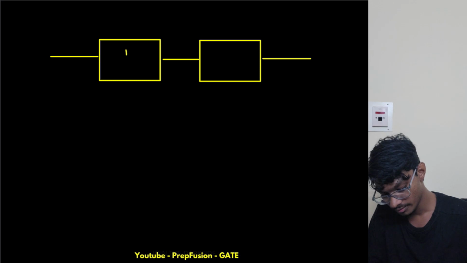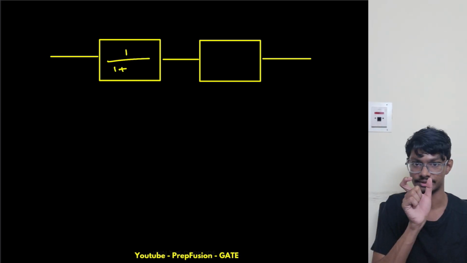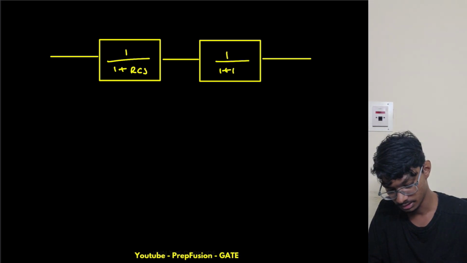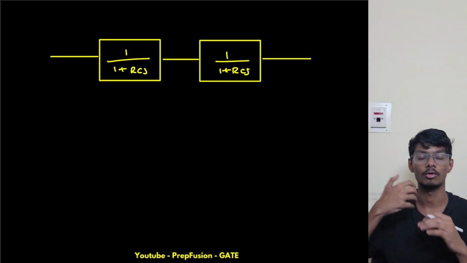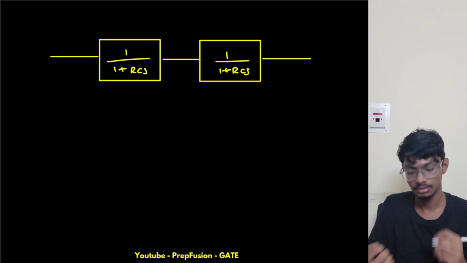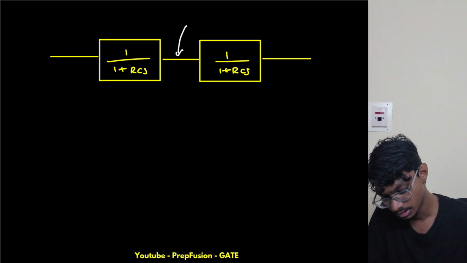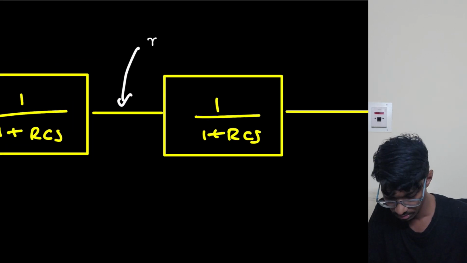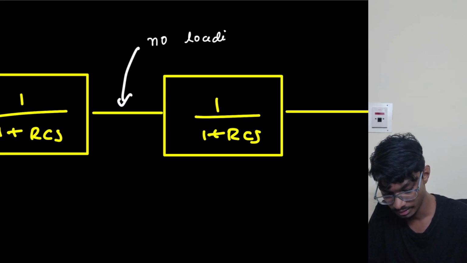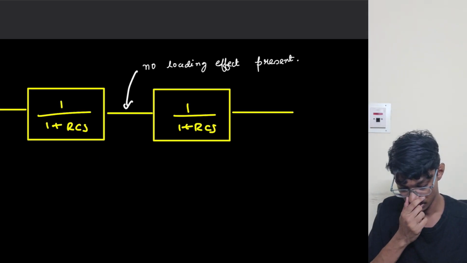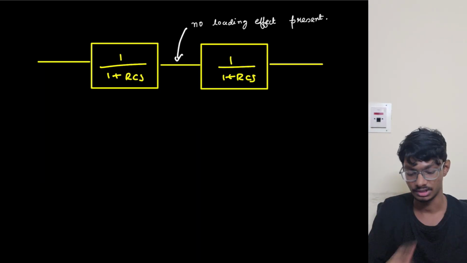Now if these are the two transfer functions, if I represent them as blocks here, RCs plus 1, like in control system, what we assume, although it's a very big assumption, is that right here there is no loading effect present. Then we can simply cross multiply this, right?